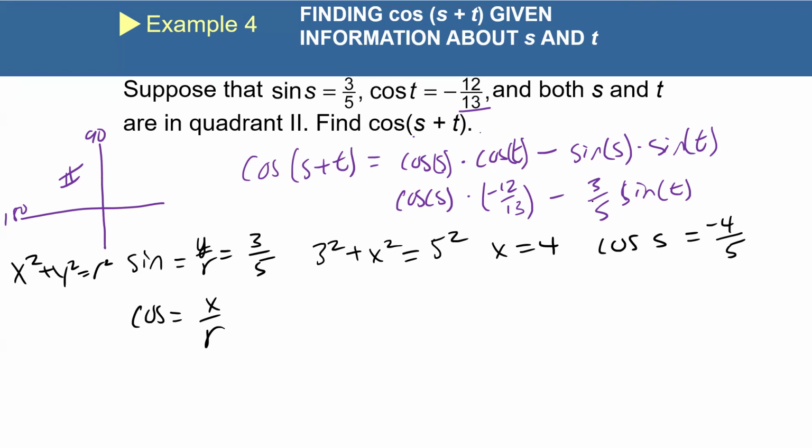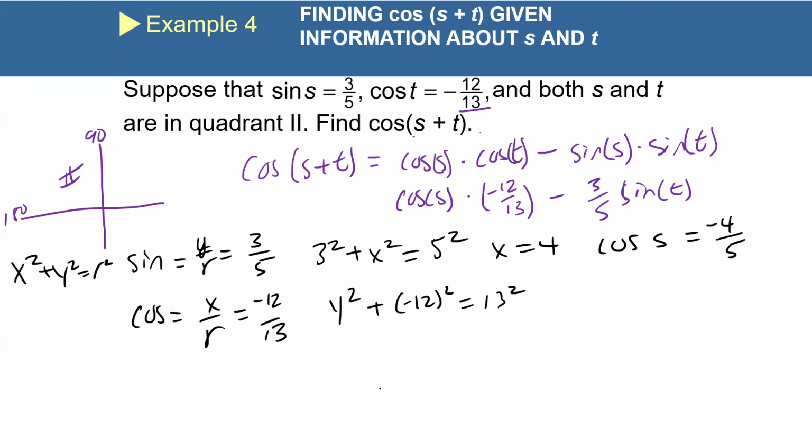Okay. Now we've got to find the sine of T with the same thing. This time we know that the cosine that was given was -12 over 13. So that tells us that x equals -12 and r equals 13. So y squared plus (-12) squared equals 13 squared.